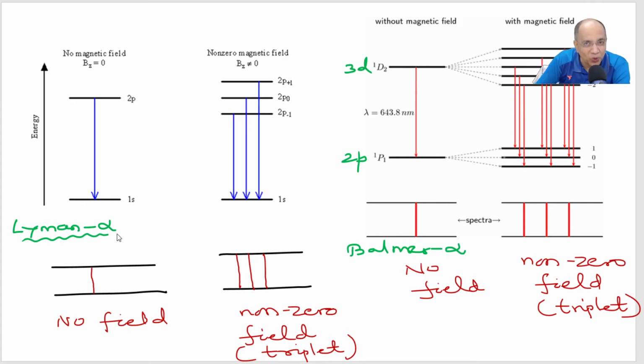Now we shall be knowing just after a bit that many transitions are ineffective, infructuous. They will not lead to any detectable peak because the probability factor, the intensity factor, is so low that it will escape any detection. So those are called forbidden transitions, and some are allowed transitions.